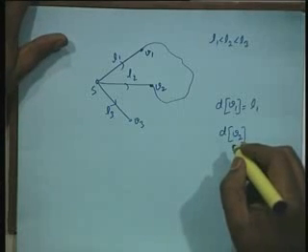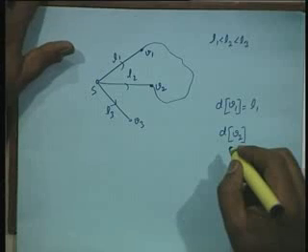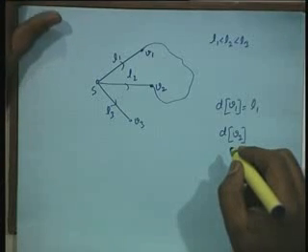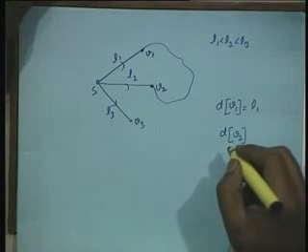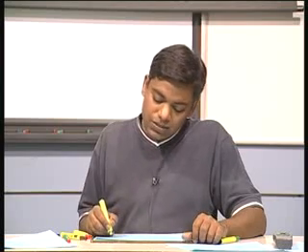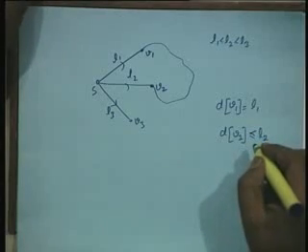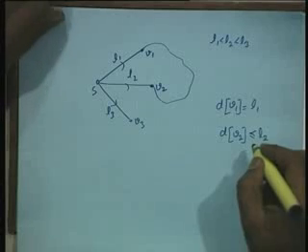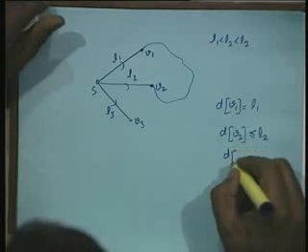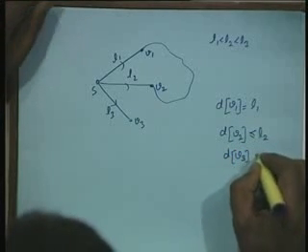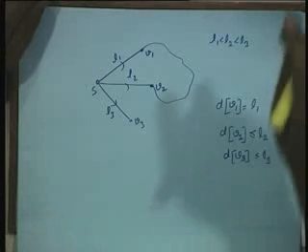Greater than L1? Greater than L1, okay. And less than or equal to L2. Let's just put that down. And similarly, the distance of V3 is less than or equal to L3.